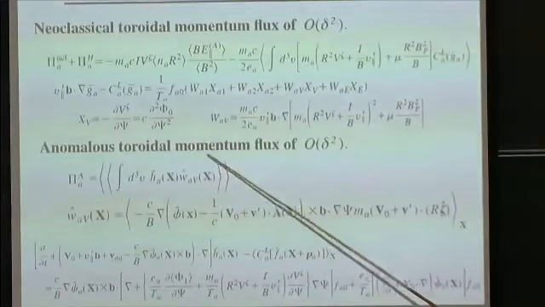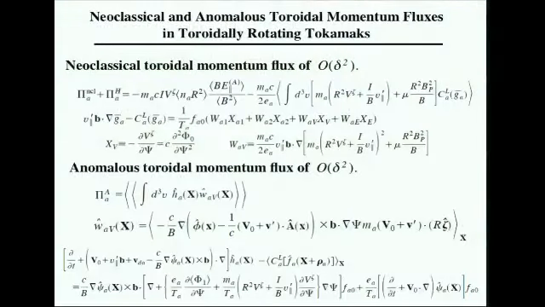Also, anomalous toroidal momentum flux is also second order in delta, and defined by this using the solution of the gyrokinetic equation, the non-adiabatic part. And here, the high rotating gyrokinetic equation is given by this, also including the radial flow shear or radial electric field shear.